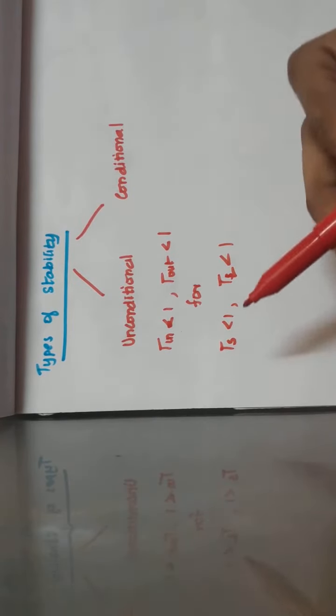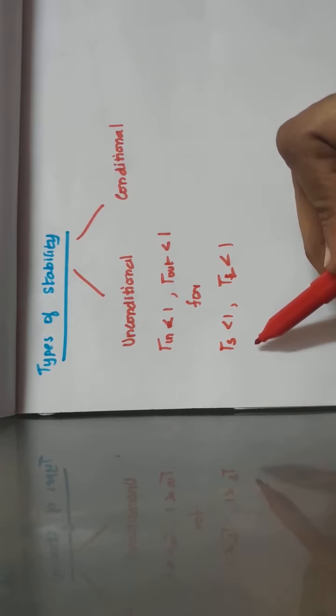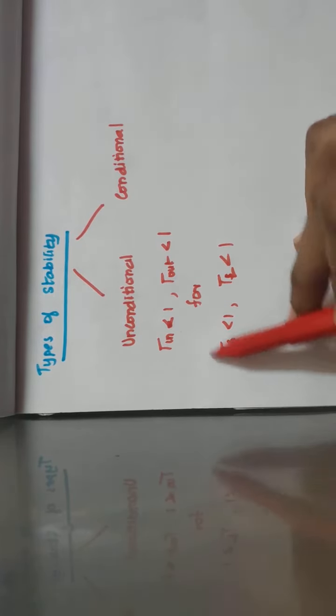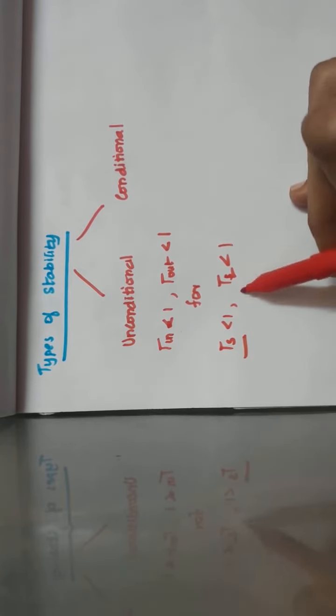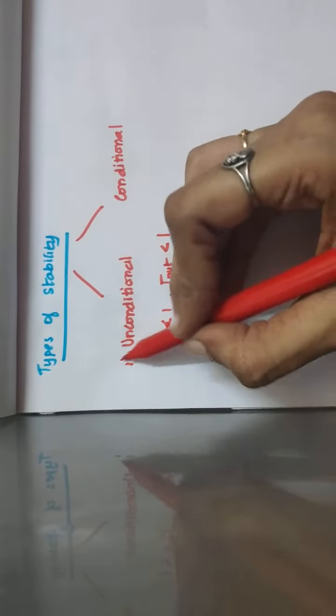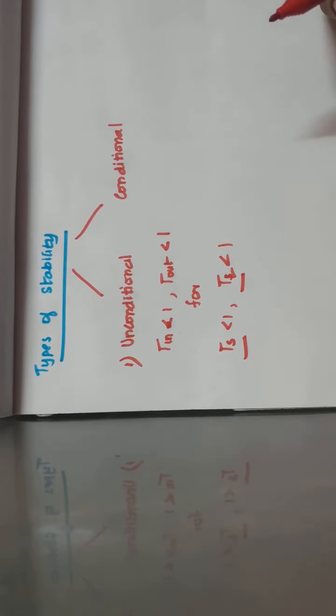Hope I am clear. Whatever the value of the source given to the amplifier, and whatever the load conditions, for all types of source and load, if the reflection coefficients are less than 1, we call the amplifier unconditionally stable.